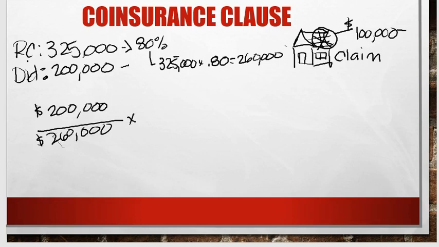And then we multiply it by the claim, which in this case is $100,000. And this is how you do the formula, right? Did over should times the claim. So $200,000 over $260,000, if we round that out, will be 0.769 in decimals, and then you just multiply it by the claim.